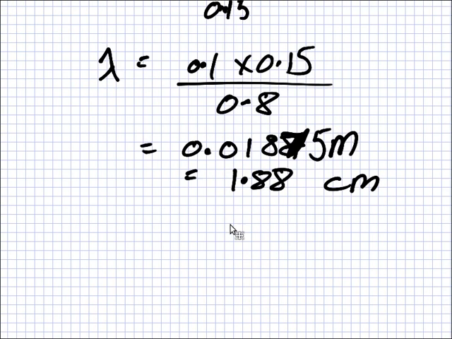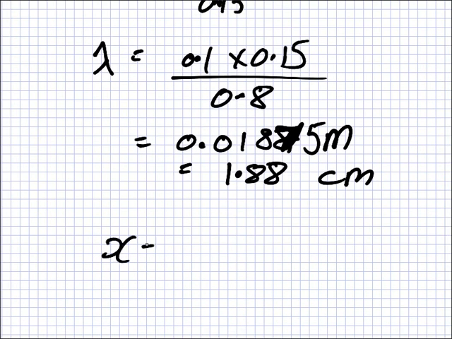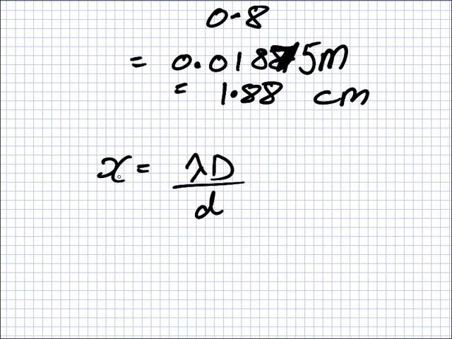Describe the effect on the fringe width of reducing the wavelength by a factor of 4. Right. What happens to x if you divide the lambda by 4? Is that what they're asking for? Divide by 4. Right, next.